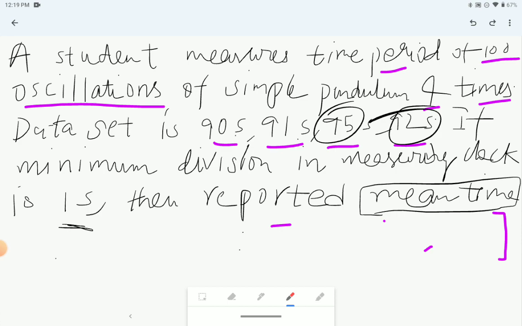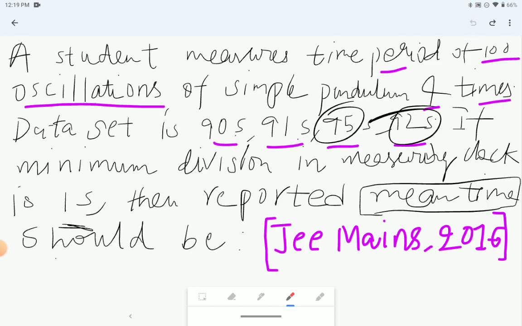So 4 times he did like that, and the dataset came out to be 90 seconds for the first time, 91 seconds for the second time, 95 seconds, 92 seconds. These were the observations he got. And if the minimum division in the measuring clock is 1 second, that means it is taking a minimum of 1 second, because 0 seconds or 0 point something can happen, but here it is clearly mentioned that the minimum division in the measuring clock is 1 second.